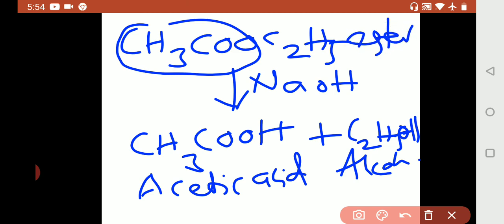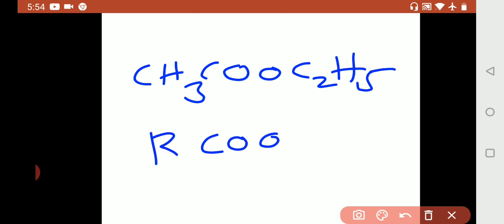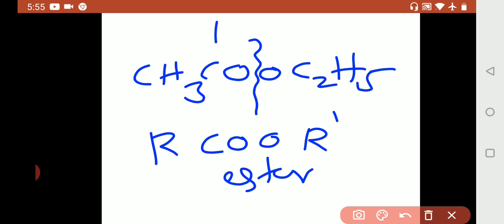And even simply we can remember without even NaOH. Simply as we are saying hydrolysis, we can simply write like this also: CH3COOC2H5 ester, like RCOOR' ester. Now hydrolysis, that is reaction with water, simply like this, HOH.